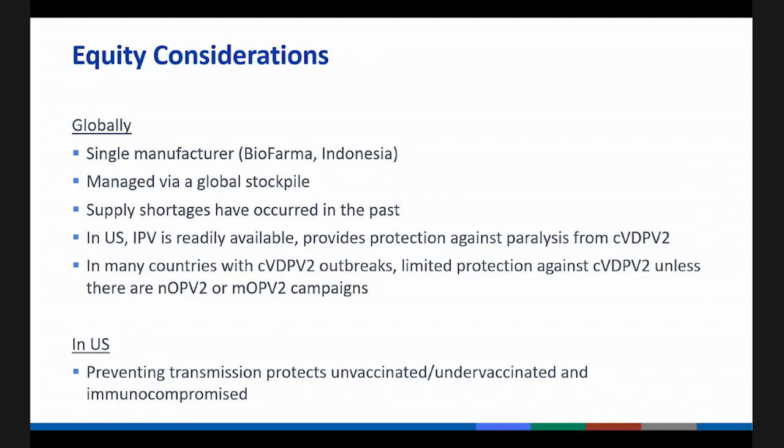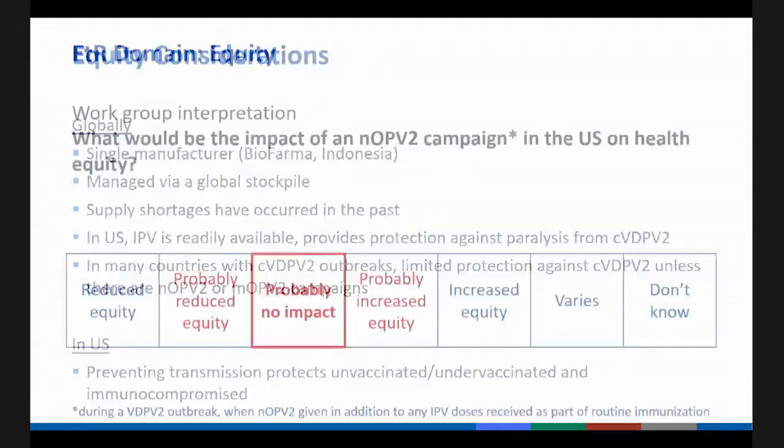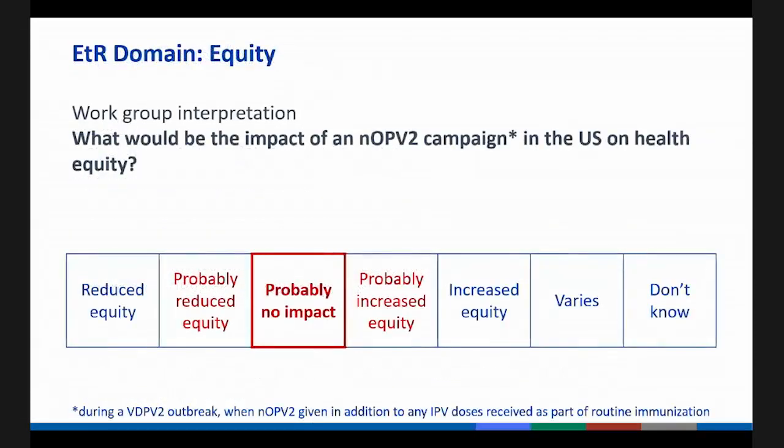In terms of equity within the US, the work group noted that preventing transmission of the outbreak virus does protect unvaccinated and undervaccinated persons as well as immunocompromised persons. Again, there was a spread of opinions on the work group, but the plurality of the work group felt that using NOPV2 would probably not have a significant impact on health equity.